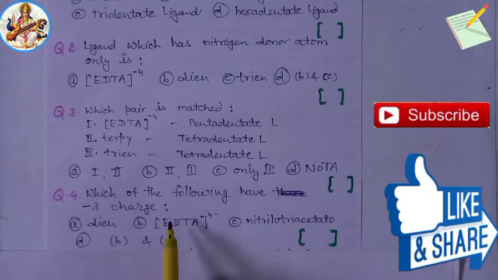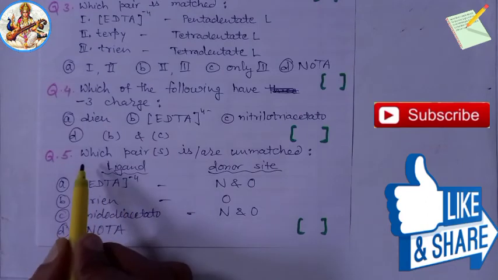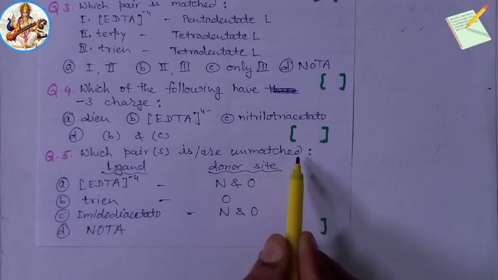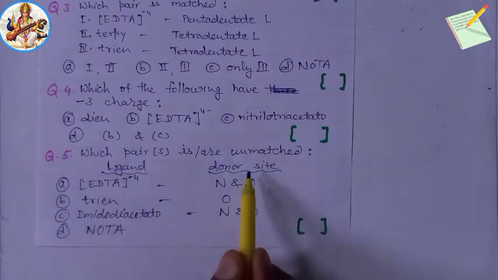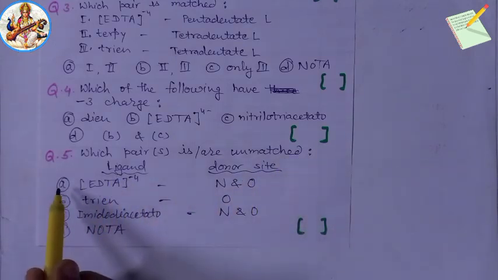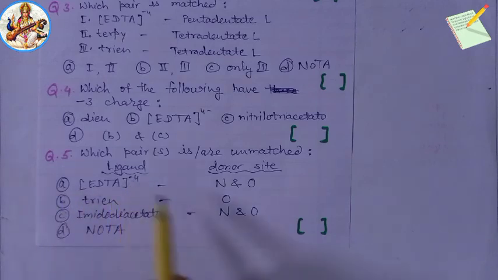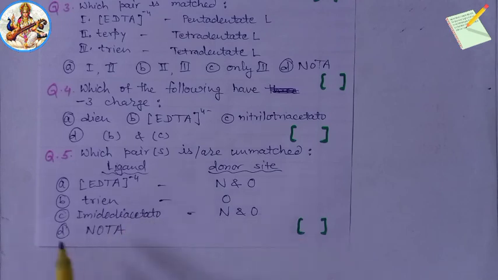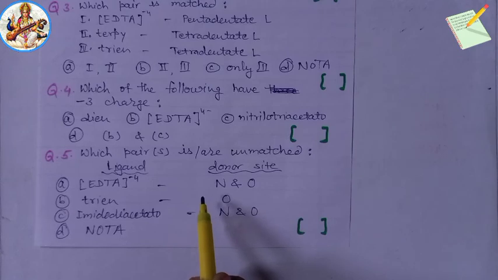Very important question. And the last question is: which pair or pairs are unmatched? Ligand and donor site. Very important question. Option A, EDTA 4-, donor site is nitrogen and oxygen. B, trien, oxygen. Option C, imido diacetato, nitrogen and oxygen. And D, none of the above.